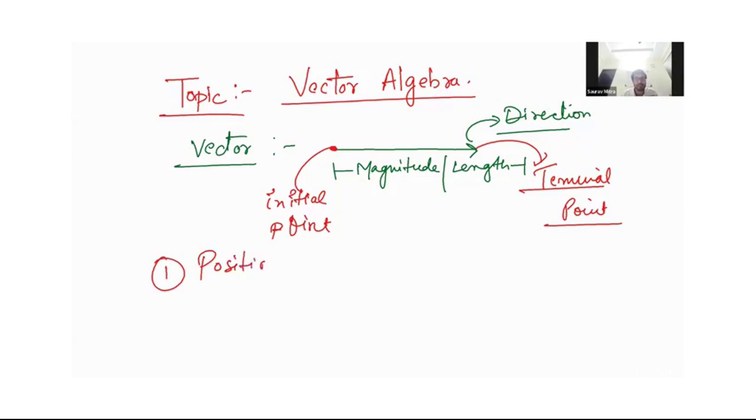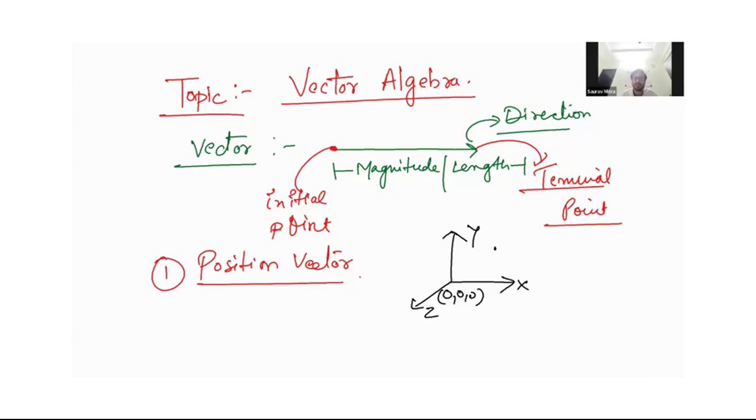The first term we should know is the position vector. So what is a position vector? Now we have a coordinate system x, y, z, with the positive side and the negative side as well, and the axes are perpendicular. This is your origin 0, 0, 0.